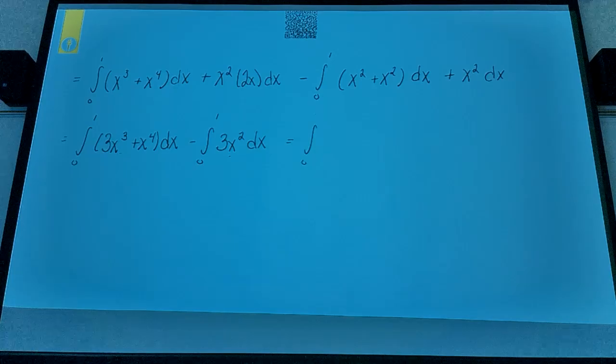We can now write that as a single integral, can't we? And with it being 0 to 1, that makes this really nice. The antiderivative of x to the 4th is x to the 5th over 5, right? From 0 to 1, isn't that just 1/5?